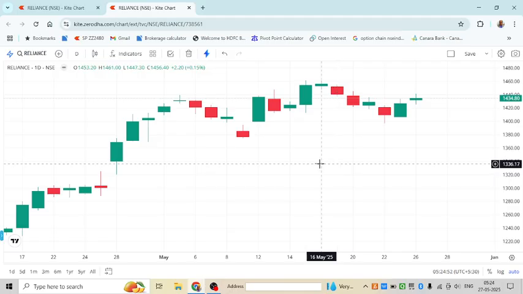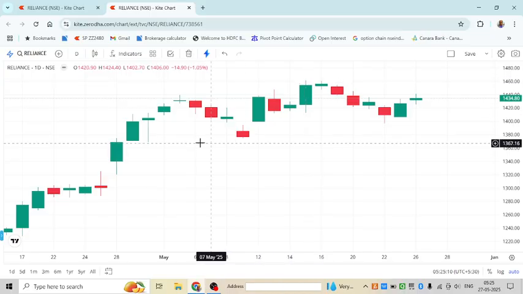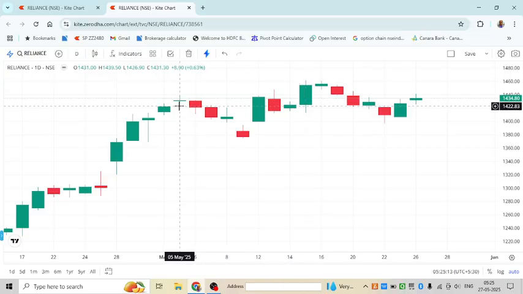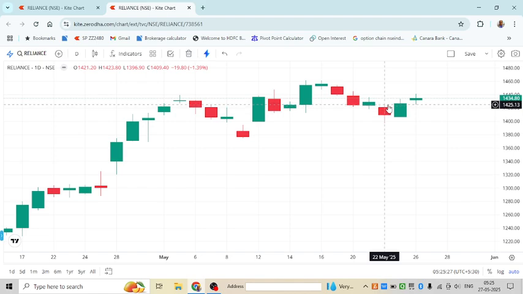Another benefit of the candlestick chart is that whatever high has been made, suppose on this day 15th May 25, this high will act as a resistance for the next day, and whatever is the low, that low will act as a support. If that support breaks downside, then we can say a bearish trend might start, and when the high is broken upside next day, then a bullish trend may start.